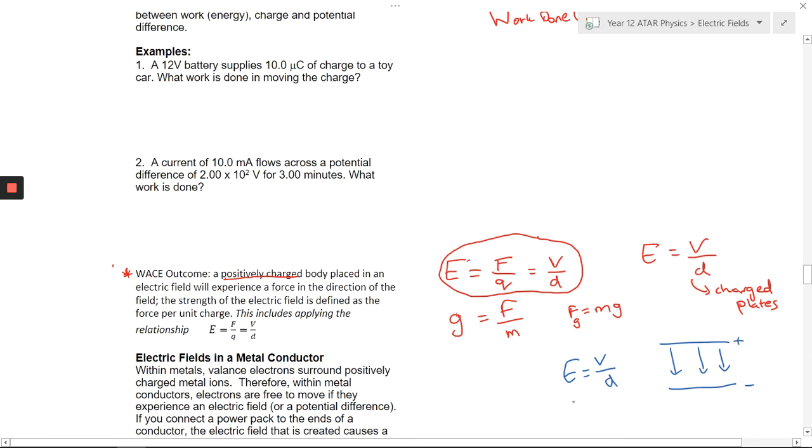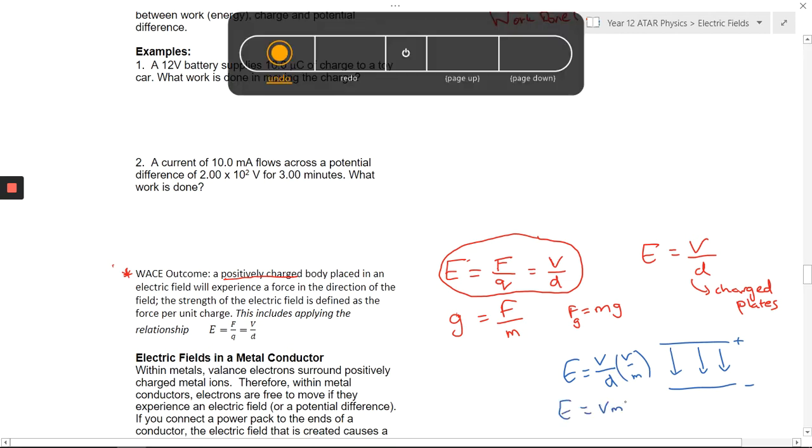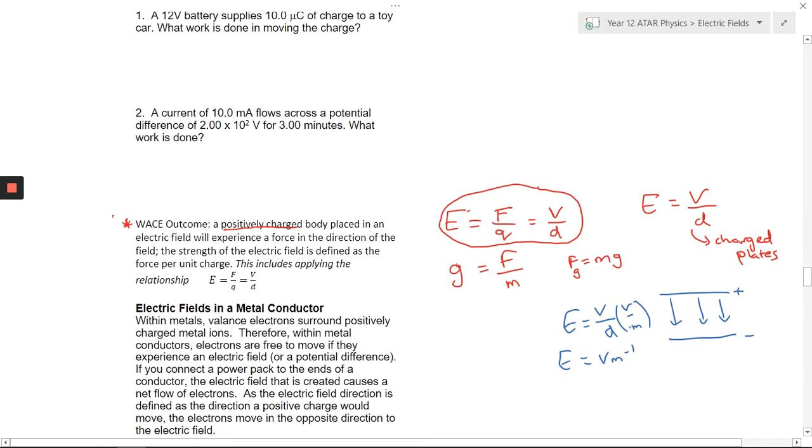This is in volts per meter. So electric field strength is in volts per meter, V m^-1.